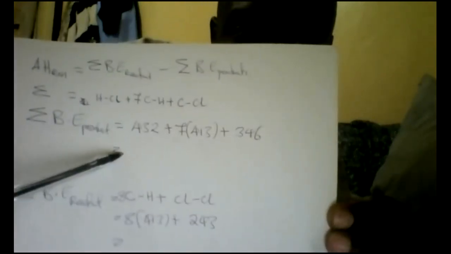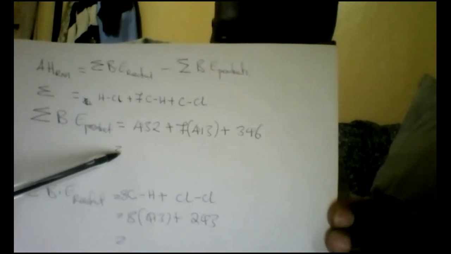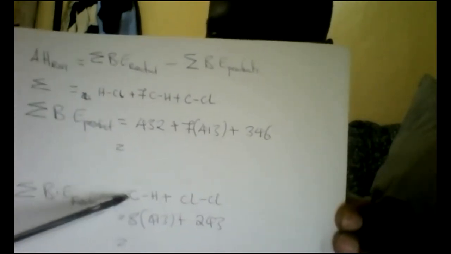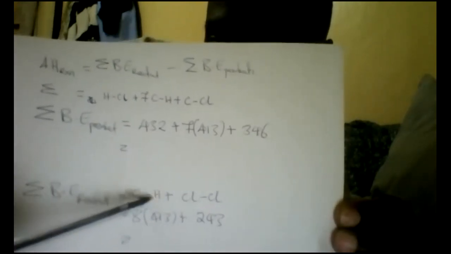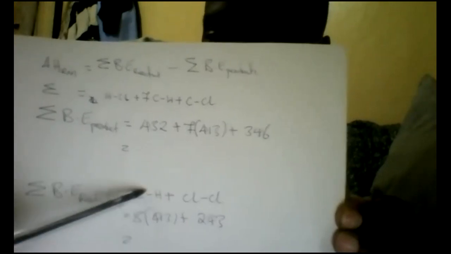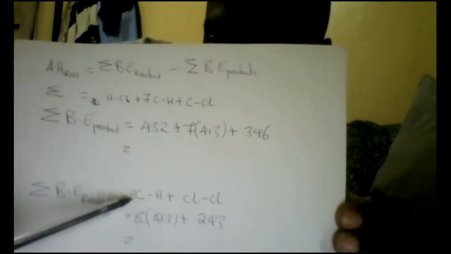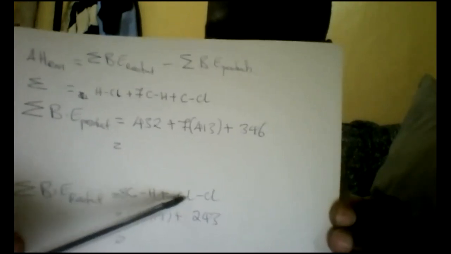So when you do this and you total, you will be able to find the energy that is being used here. The same is done on the reactant. How many CH bonds do I have? I just count the number of hydrogen atoms on my reactant. They are 8. Therefore, 8 there. Plus, how many Cl bonds do I have?